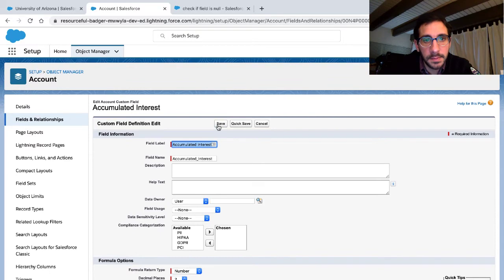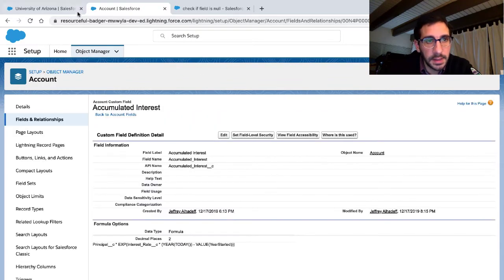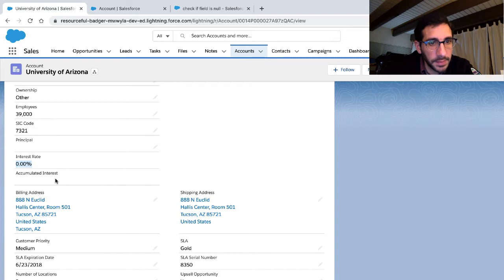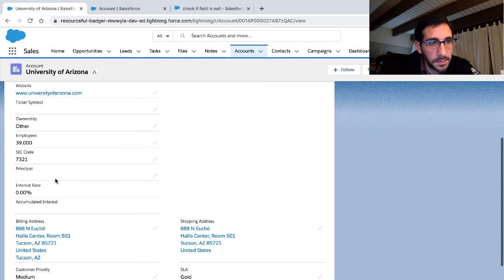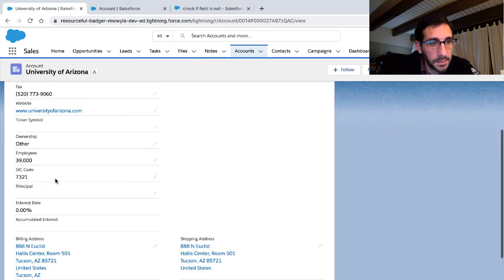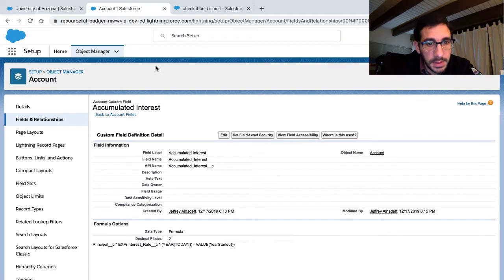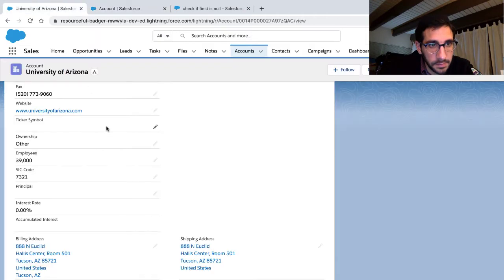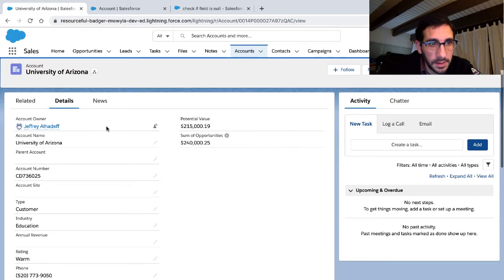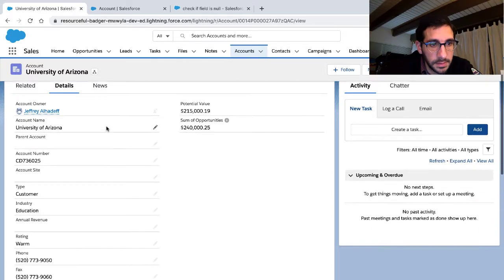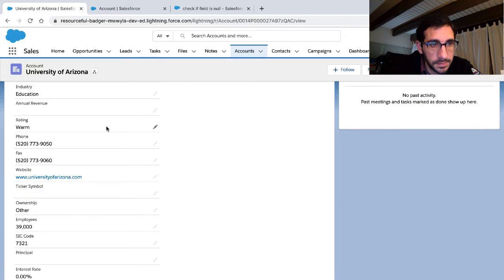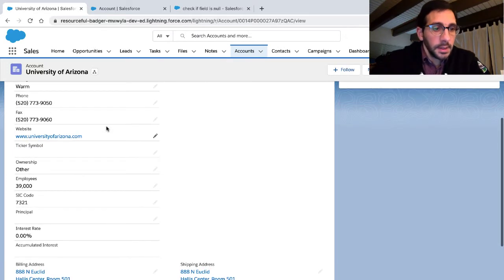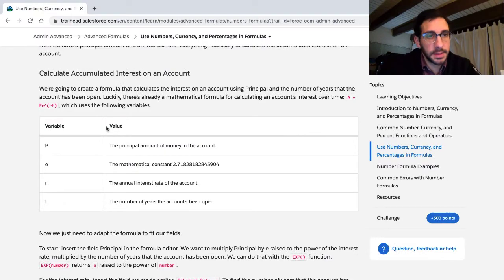Okay, that works. Did I actually check this? See it in the wild here? Accumulated interest. Oh yeah, there it is. So then this should calculate the year that the loan started. Let's see what that is. Okay, we're going to move on.